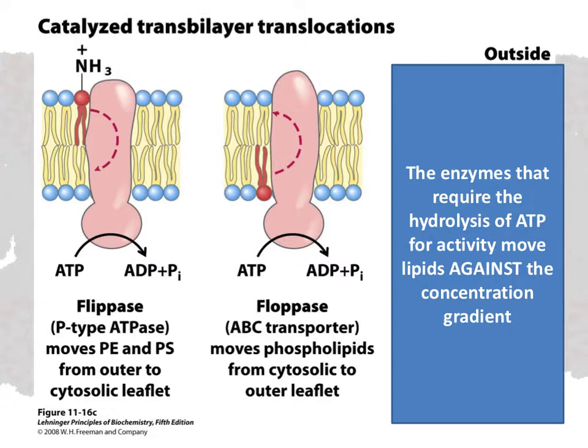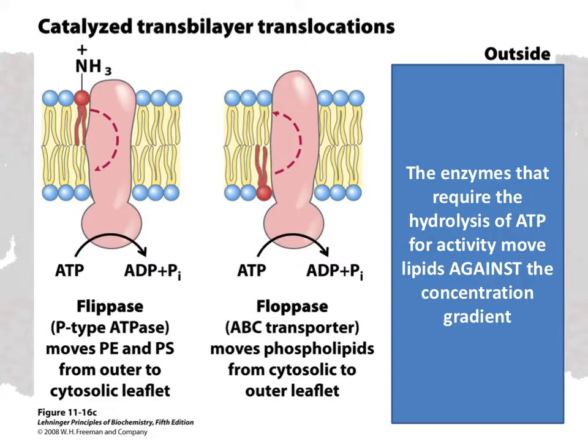Flopase just moves generic phospholipids from the cytosolic to the outer leaflet, so they go from the inside out. They require the hydrolysis of ATP because they're going against concentration gradients, typically.